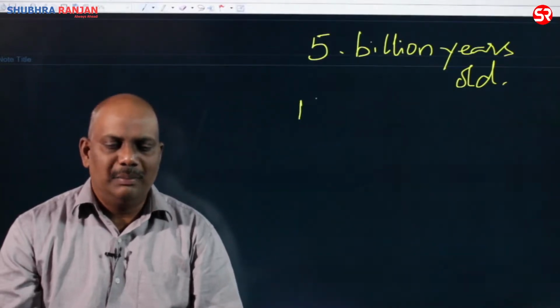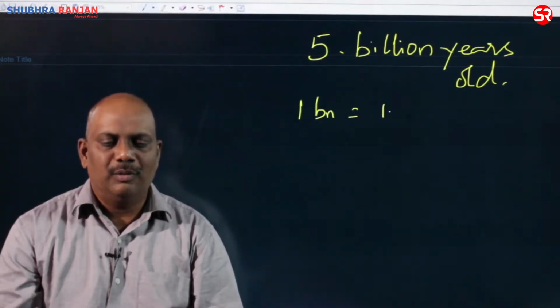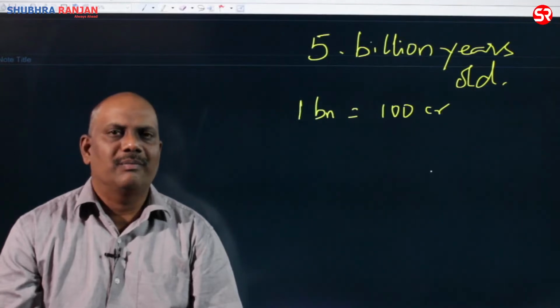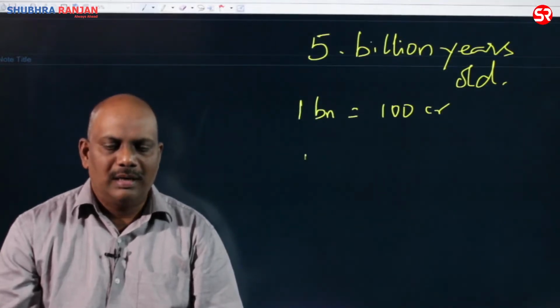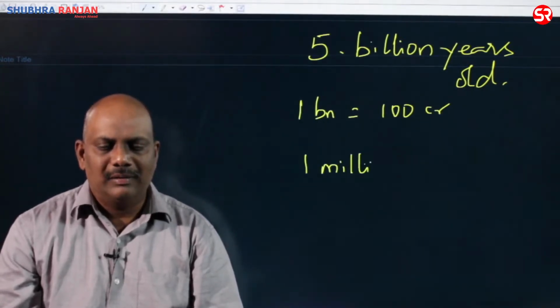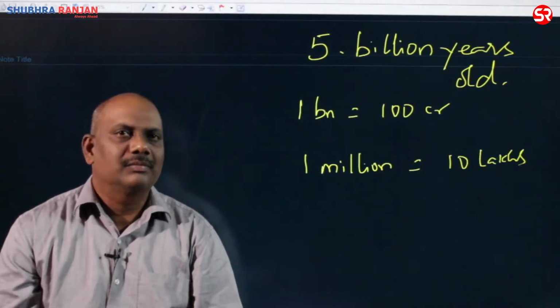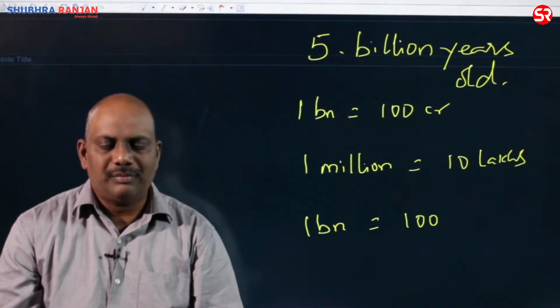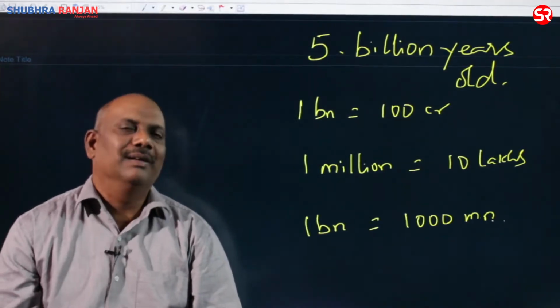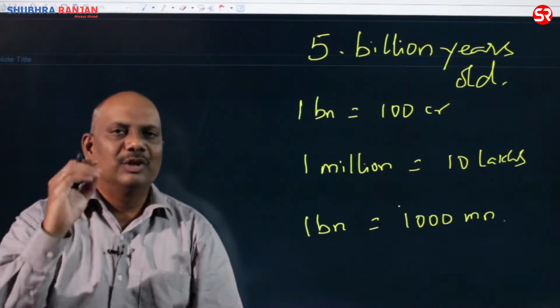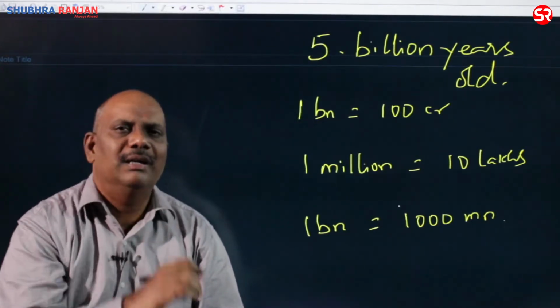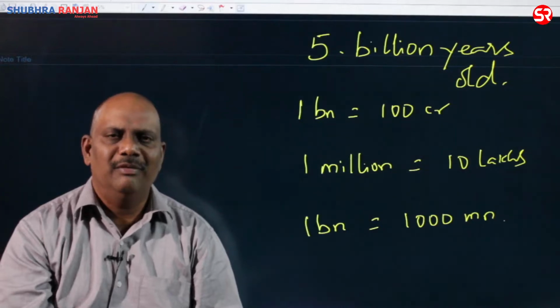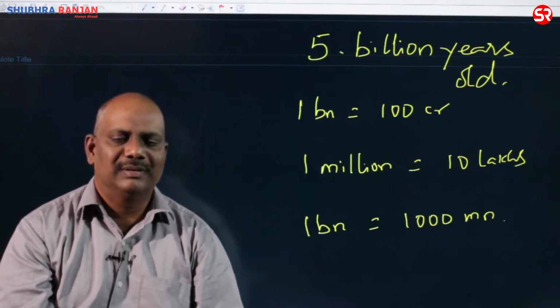All these events happened in the 5 billion years. 1 billion is equal to 100 crores. 1 million is equal to 10 lakhs. 1 billion is equal to 1000 million. So our Earth is 5 billion years old.